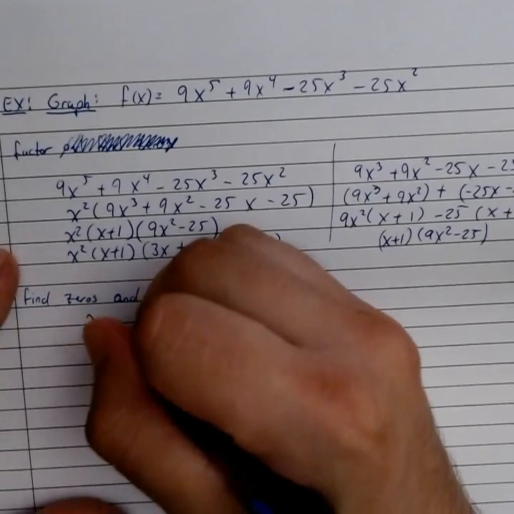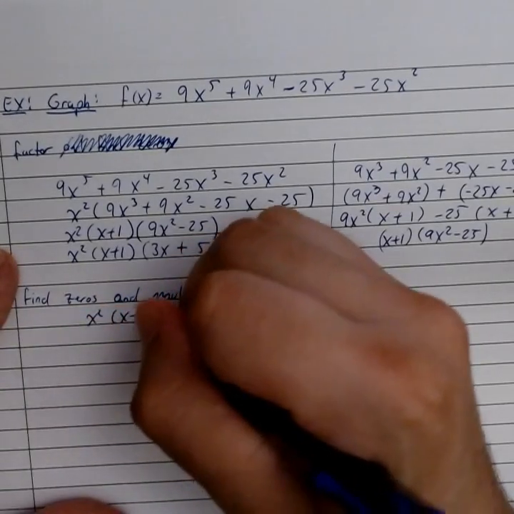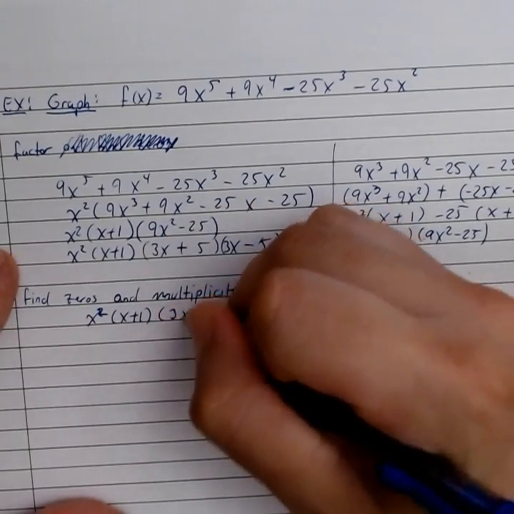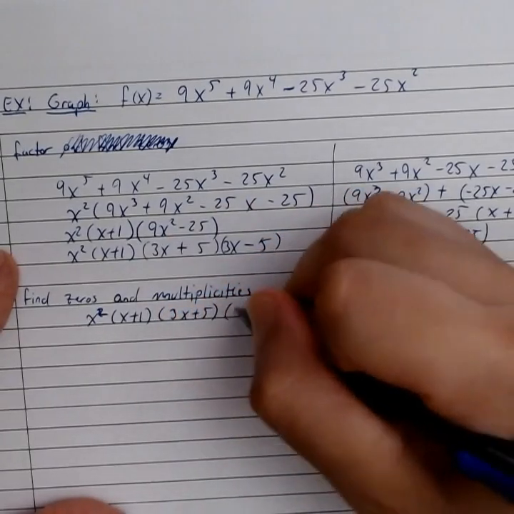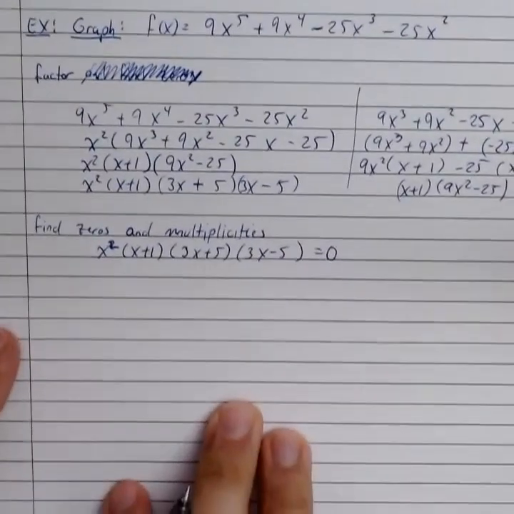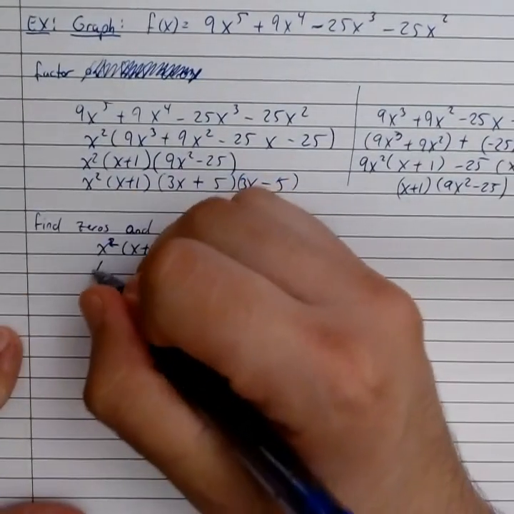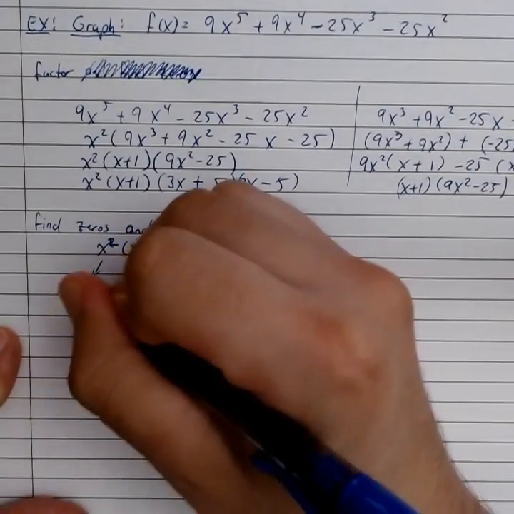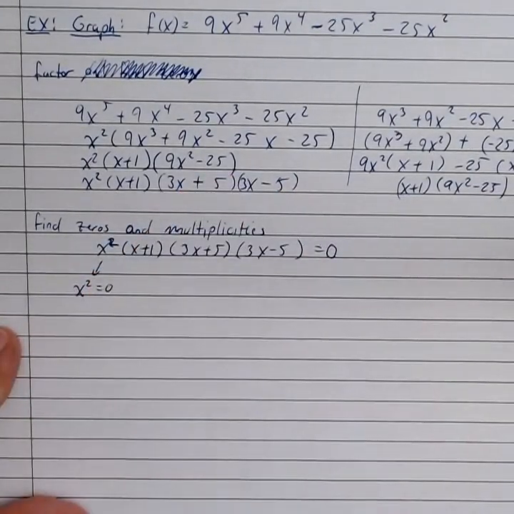That's going to be x squared times x plus 1 times 3x plus 5 times 3x minus 5 is equal to 0. Okay, so now I can solve this equation. I can find the zeros by taking each factor and setting it equal to 0.